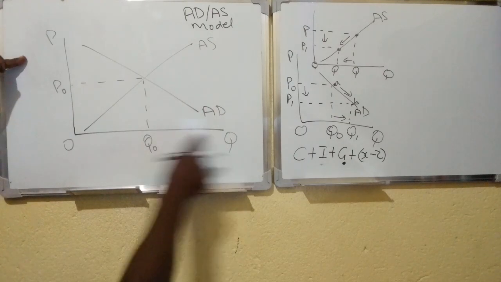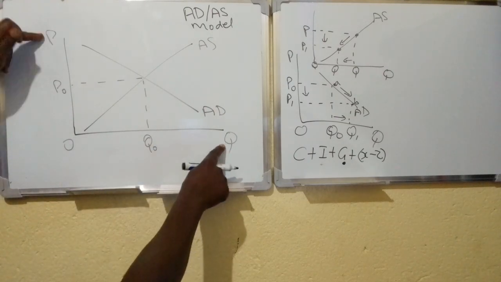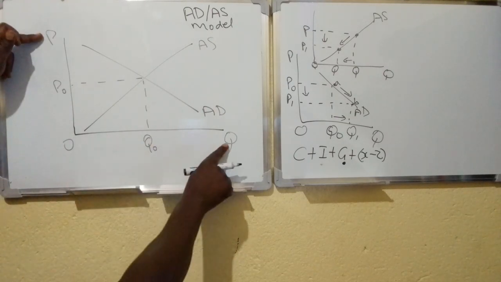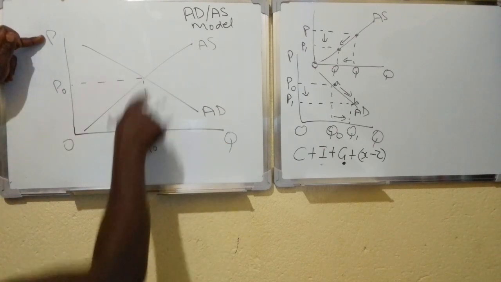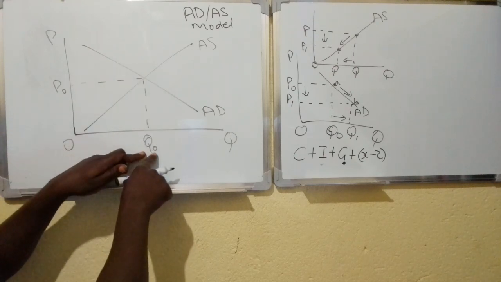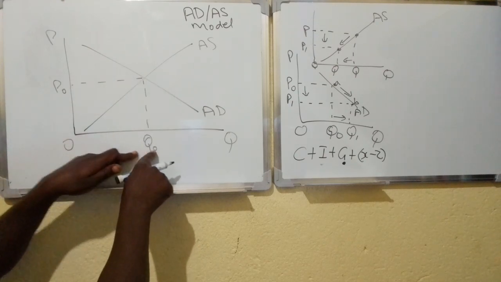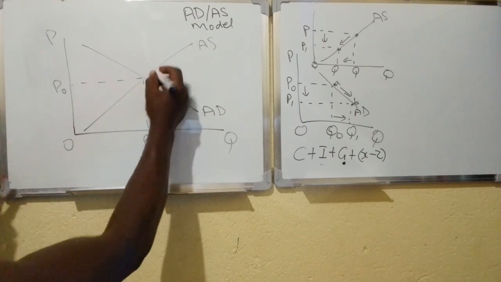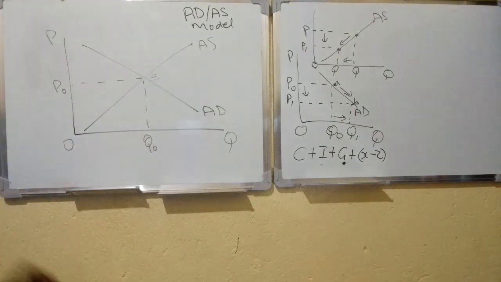Remember, this represents this whole line, this Q, and this P tells us that this line deals with quantities, this line deals with price levels, and this one is just saying at quantity 0. Doesn't mean that there's no quantities, it's just a marking. We can start by saying quantity 1 and price 1, and then this is our equilibrium level in the economy.